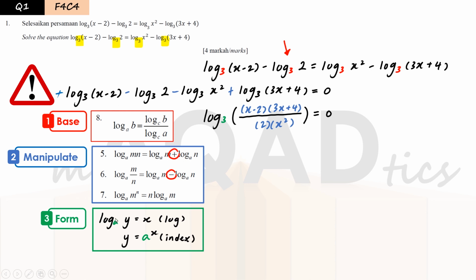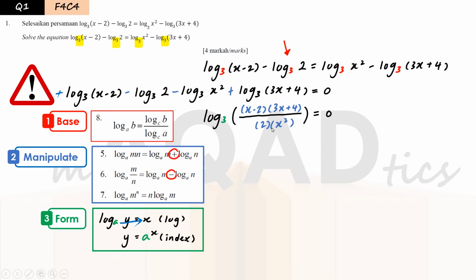You see the a here, the base value of the log, we are going to push it to the other side. Once you change to index form, it will be y equals a to the power of x. You see the base is on the right side already.